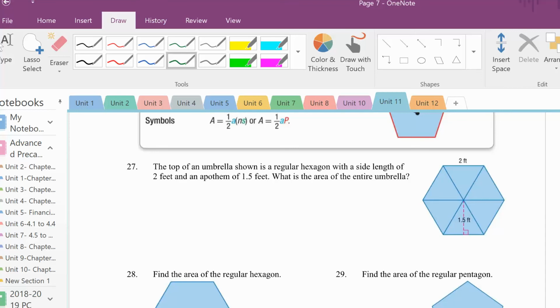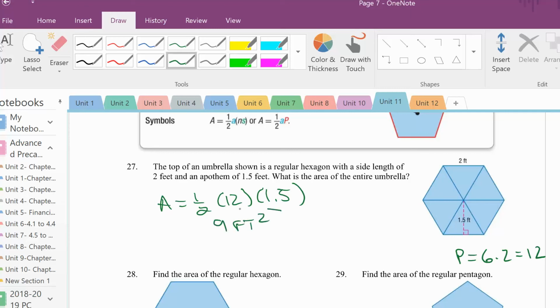What is the area of the entire umbrella? Well, the perimeter is 6 times 2, which is 12. So the area is equal to 1/2 times 12 times the apothem, which is 1.5, because the apothem is just the height of the triangle. So 1/2 of 12 times 1.5 is 9 square feet.